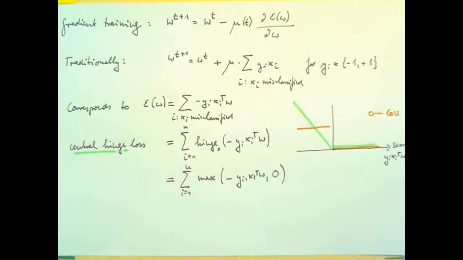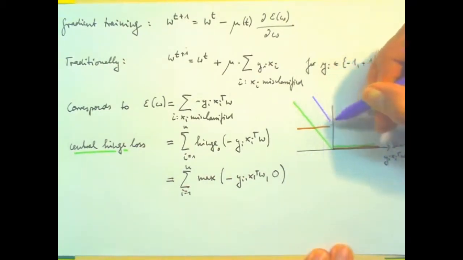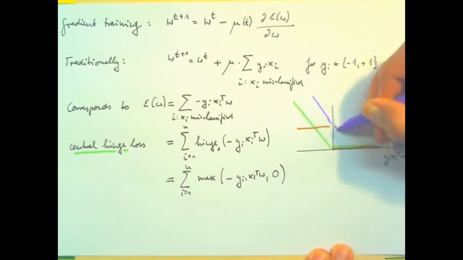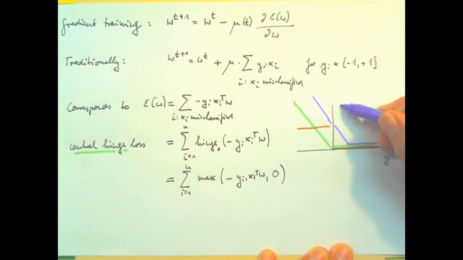By the way, support vector machines are all about the hinge loss, but no longer the central one, but a shifted version. We will talk about that at length next week. So for an SVM, you would have that. That would be the SVM type hinge loss.